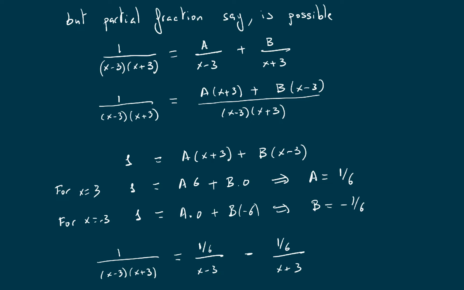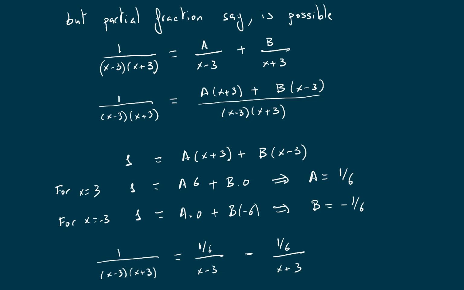To solve for a, I would choose x equal 3 because 3 minus 3 is equal to 0. So if I choose x equal 3 to erase b, 3 plus 3 will be 6. So 6 times a will be 1. So a will be 1/6. So what have we done?